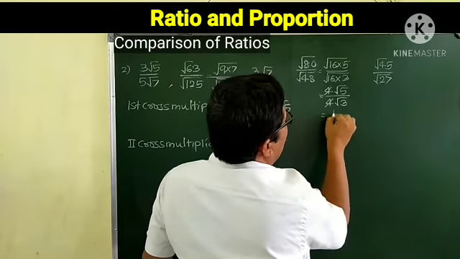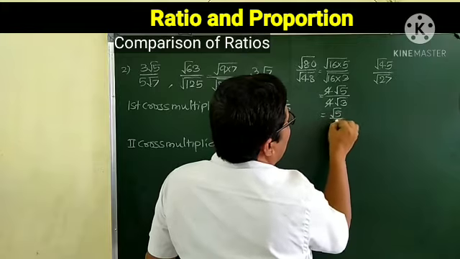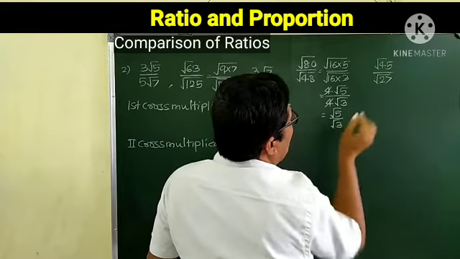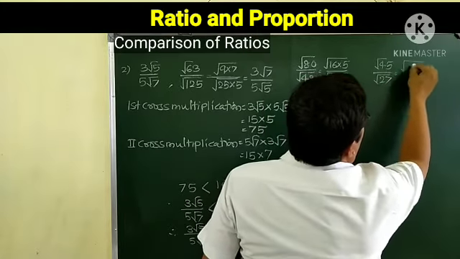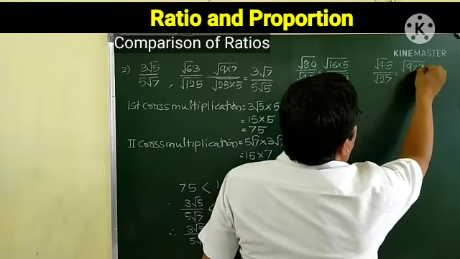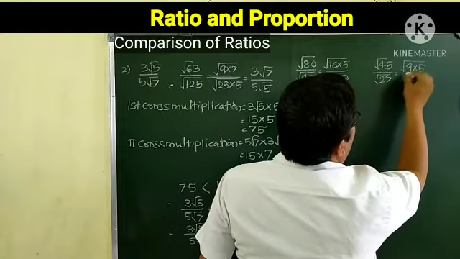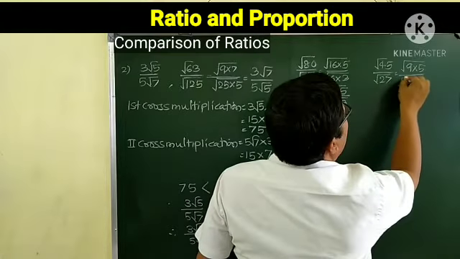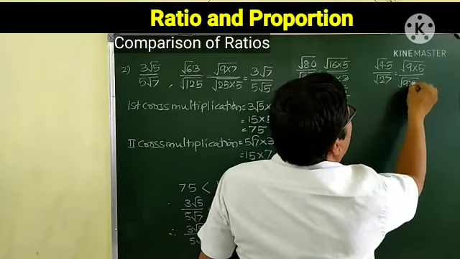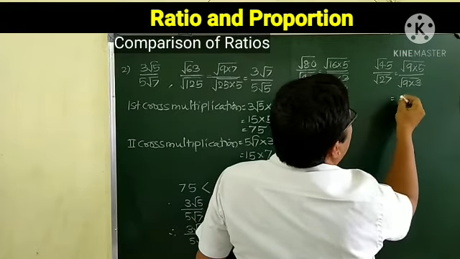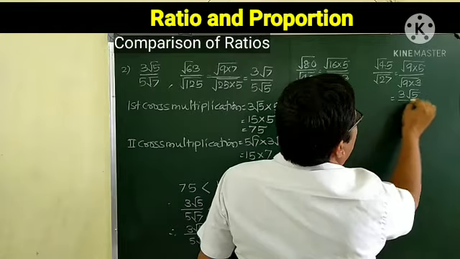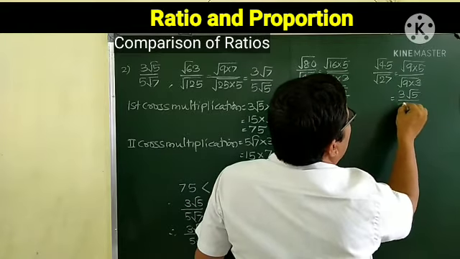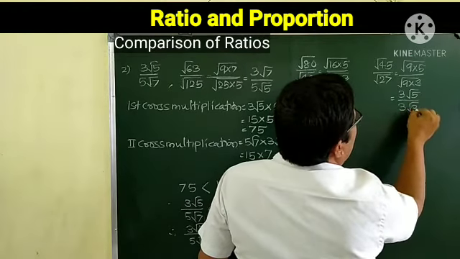So it will become square root of 5 is to square root of 3. Now here in this case it will be 9 multiplied by 5, and here it will be 9 multiplied by 3. Take square root of 9, so 3 root 5 divided by 3 root 3.